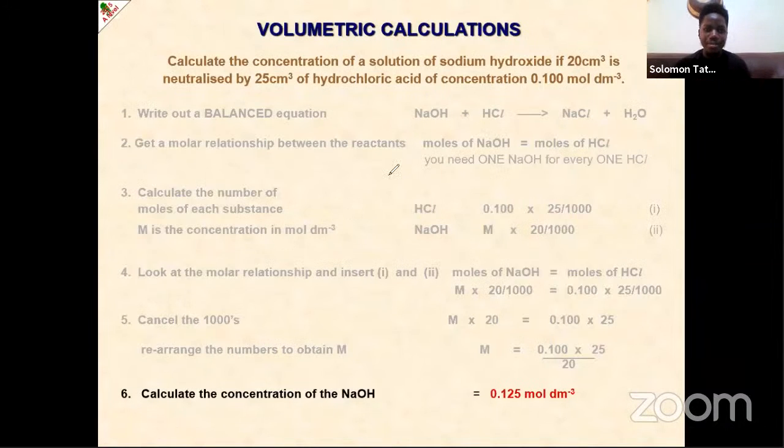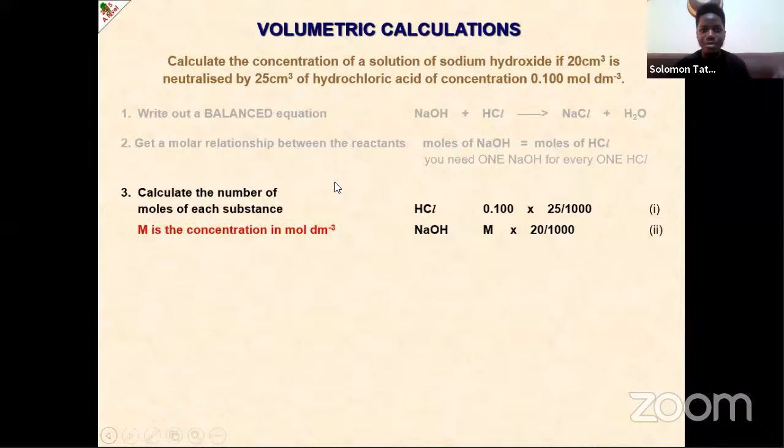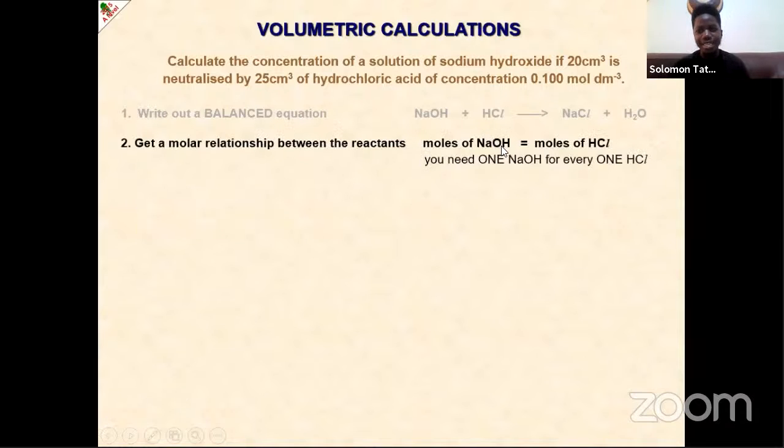Again, let me go back to step 3 so that I can highlight it very well when it is in dark color. So step 3, right here. Step 3 came from step 2, so you have to understand step 2 first. In step 2, we are saying the mole ratio is 1 to 1.